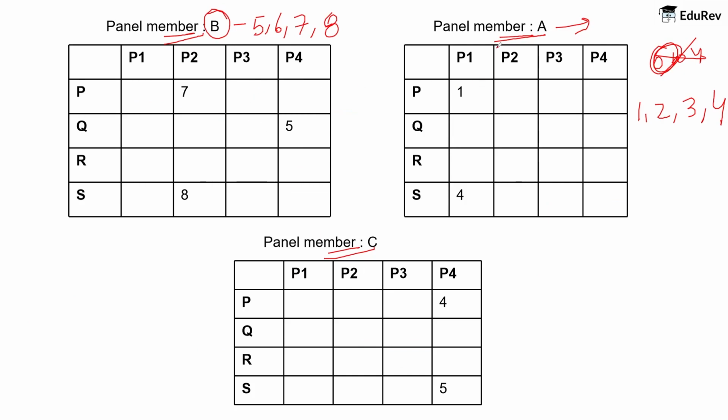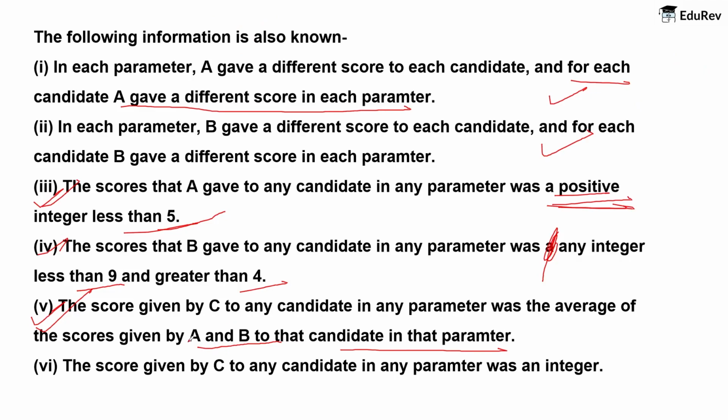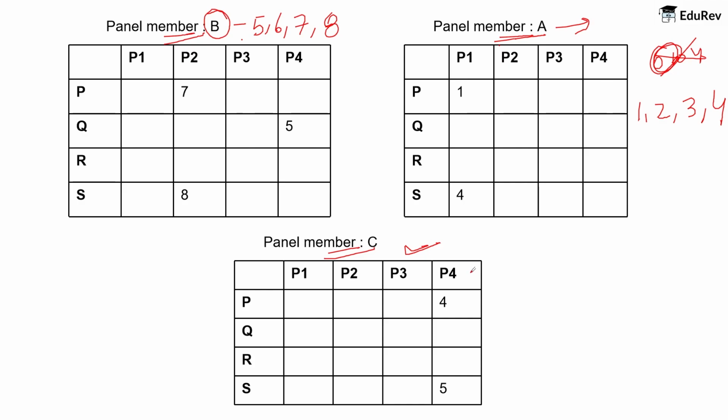If I fill table A and table B, I can quickly calculate the scores given by panel member C because they are averages only. And then the sixth point says the score given by C to any candidate in any parameter was an integer. So again, this was an integer, but I'm not given any range.